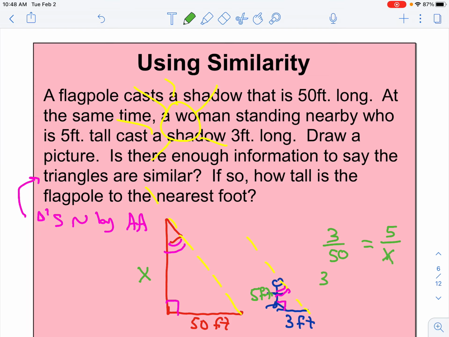So now I can cross multiply. 3x is equal to 250. Now I divide and I get x equals 83.3 repeating feet.